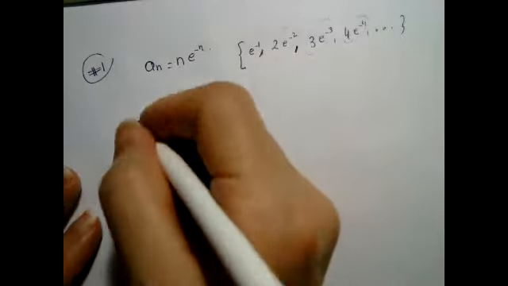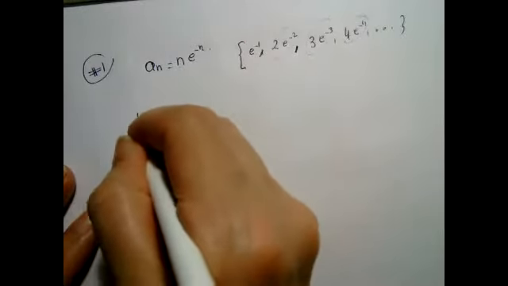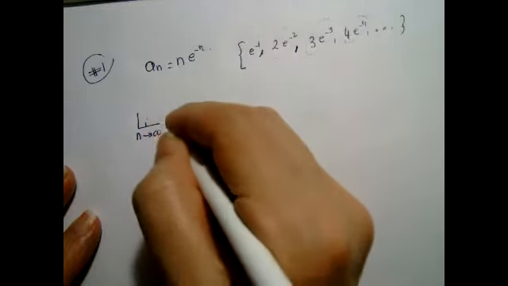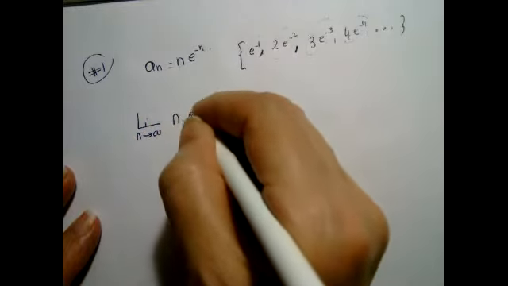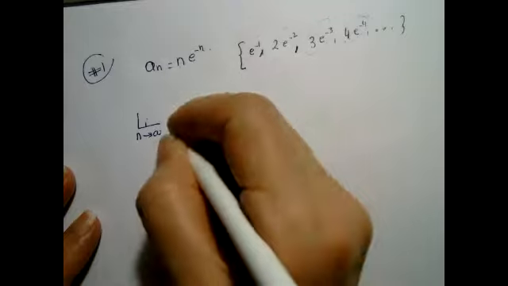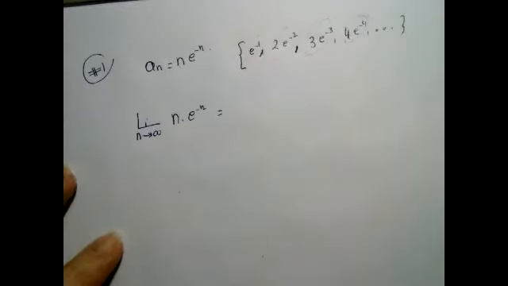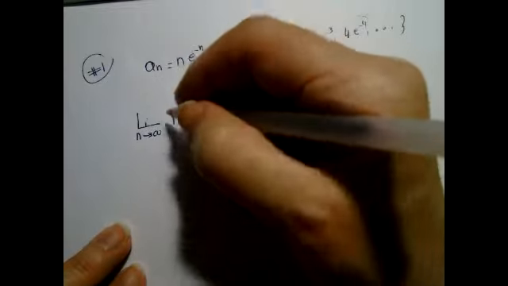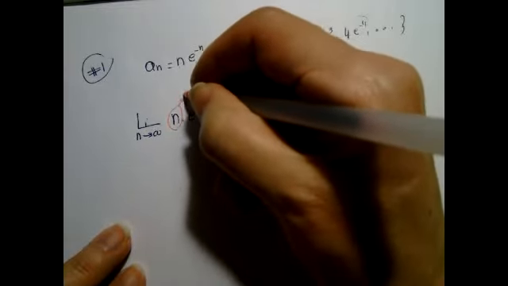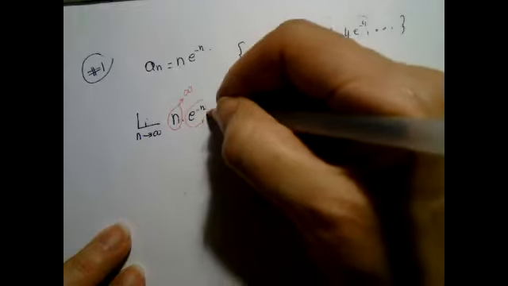So let's do that. It means you have to compute the limit as n tends to infinity of n e to the minus n. Okay. Now when n goes to infinity, what's happening? n goes to infinity. What about e to the minus n?